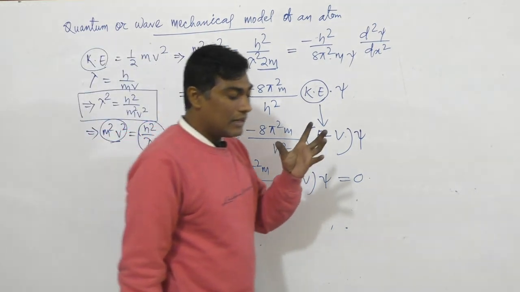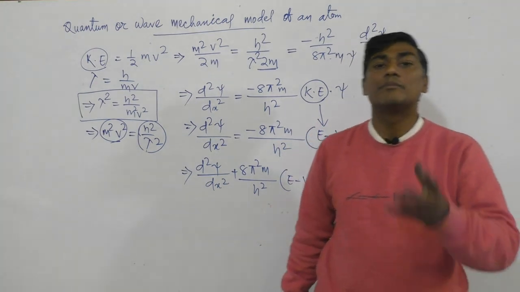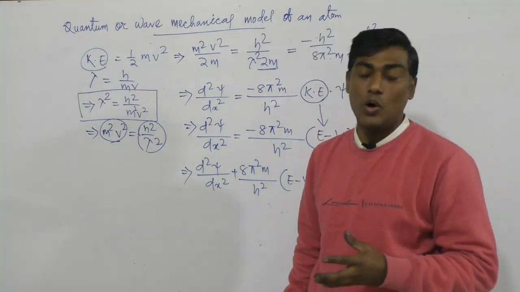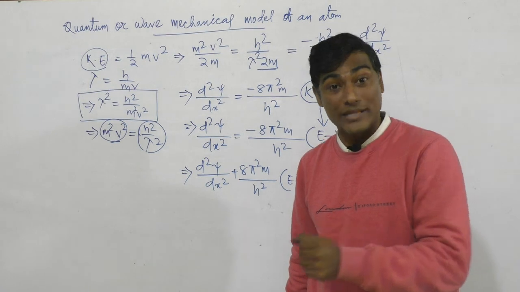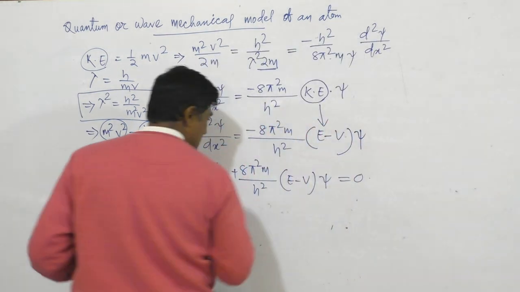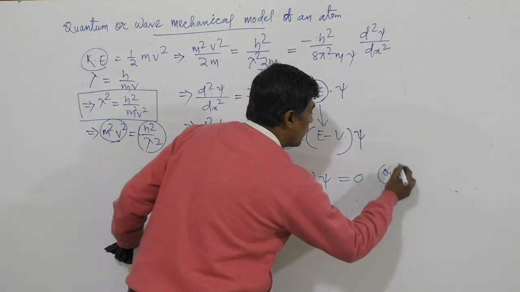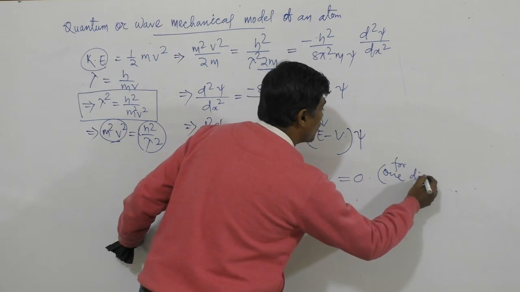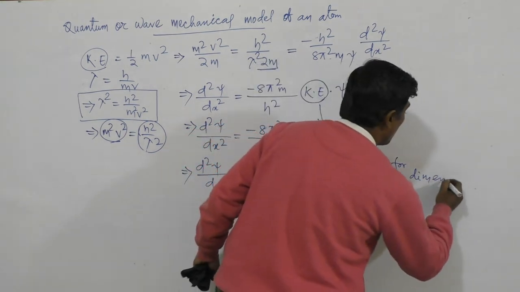But if we consider the movement of the particle in all three directions x, y, z, then this is the Schrodinger wave equation for one dimension.